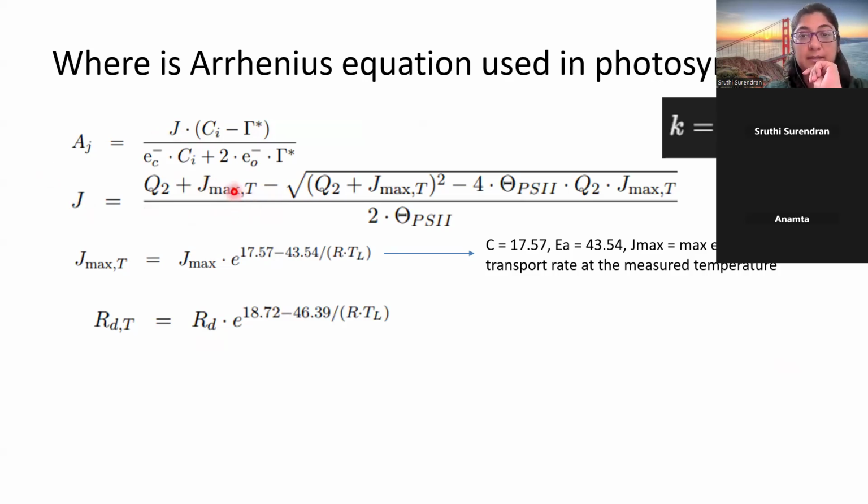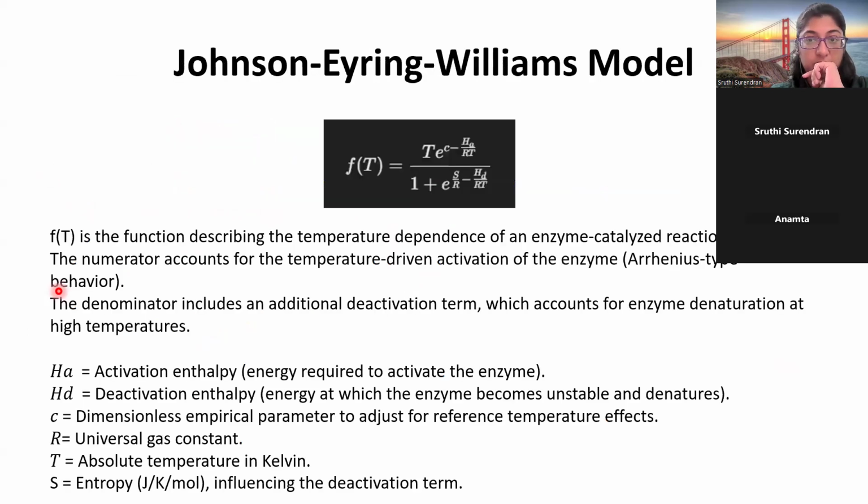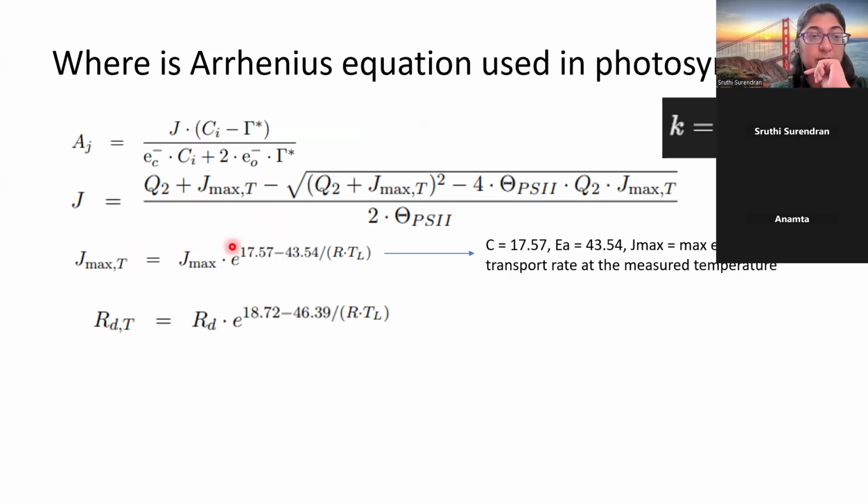We also have a curvature term called theta. So we have this Jmax term, which is again expressed as a function of the Arrhenius equation. Here you can see Jmax is the maximum rate of electron transport at a reference temperature, say 25 degrees Celsius.